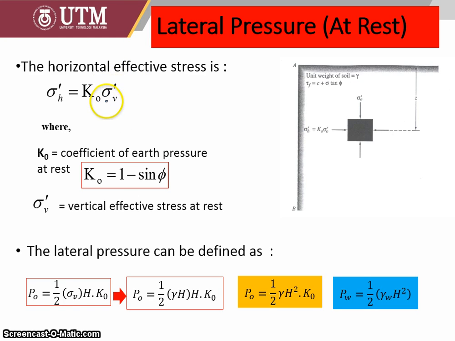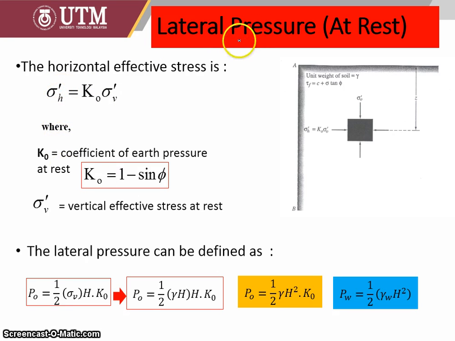I hope you still remember how we define effective vertical stress: the total stress minus the pore water pressure. So we can get the effective stress vertically. If we introduce a coefficient of earth pressure, K naught, we can define the effective horizontal stress.